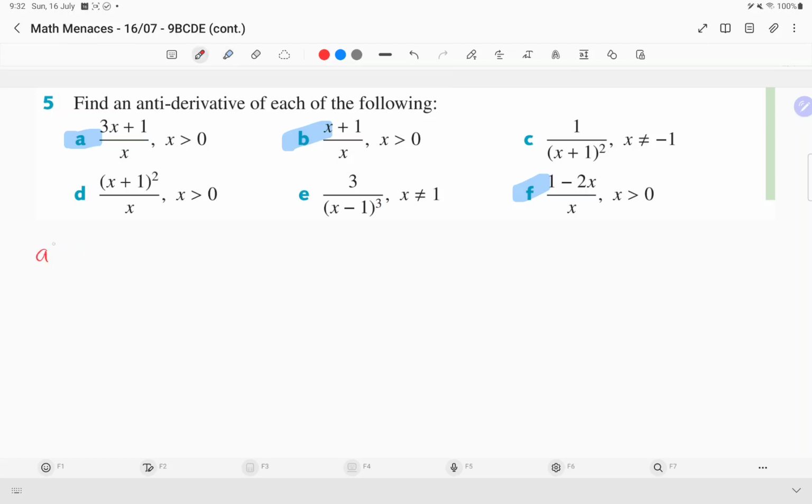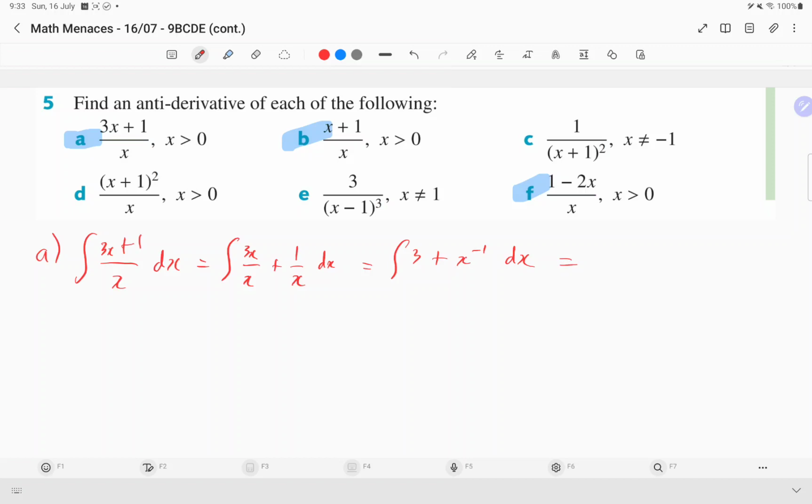Sarah, if I were to split up the fraction for the first one, antiderive 3x plus 1 over x dx, how would I split this? Just put 3x over x, and then plus 1 over x. Yes, that is correct. So then that would be antiderive of 3 plus x to the power minus 1 dx.